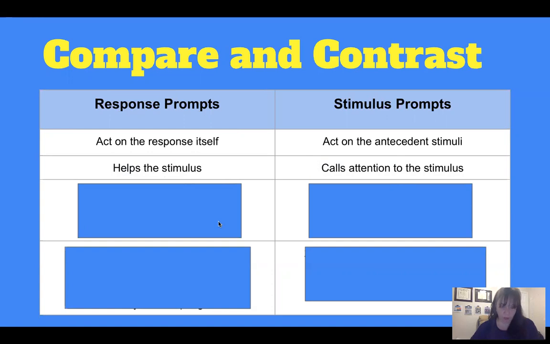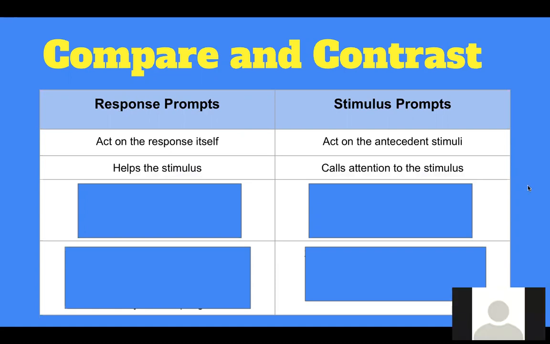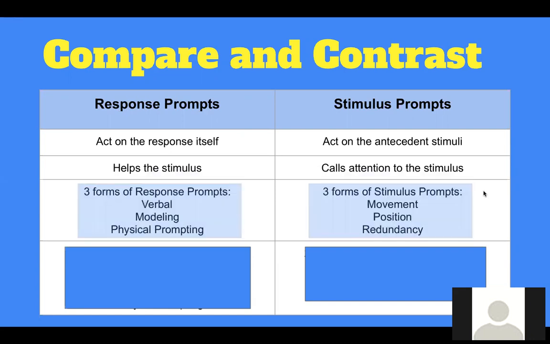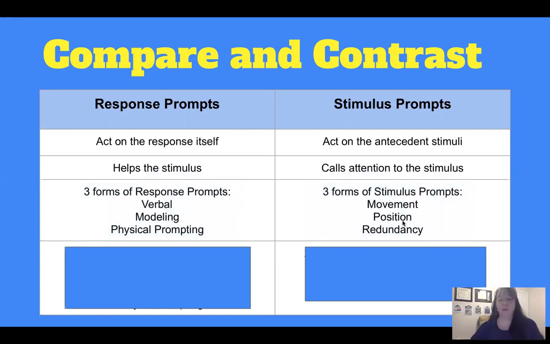Tell me which one of these includes movement, position, and redundancy. Stimulus prompt. Correct. So movement, position, and redundancy goes under stimulus prompts, and verbal, modeling, and physical prompting goes under response prompts. And then lastly, this is a little bit more difficult, which one of these has four ways to remove it?